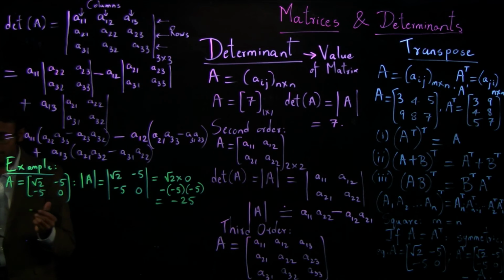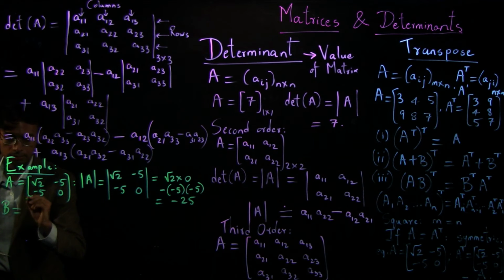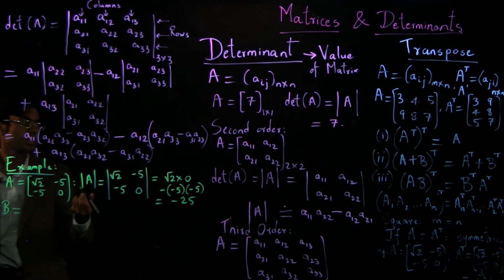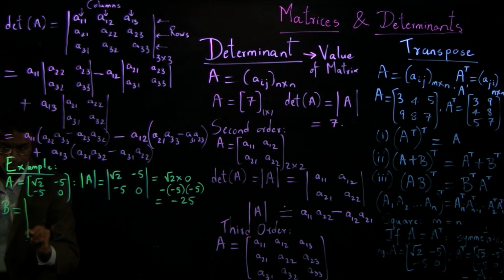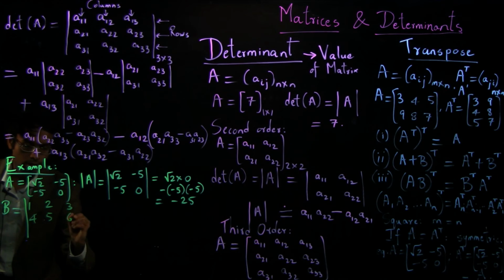For a slightly more complicated case, let's take an example of B equals, I'm straight away going to write the determinant. It's coming from its matrix. Let's take 1, 2, 3, 4, 5, 6, 7, 8, 9.